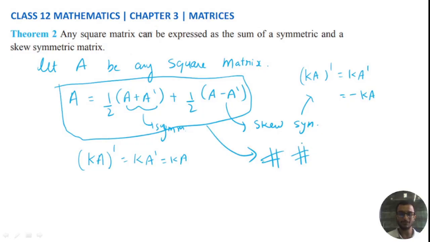I am telling you, there will be one question on this property, where you need to find the symmetric part and skew symmetric part of any square matrix. So you should remember this. We will do questions related to this, but the proof is like this. You should not go so deep into the proof. It will not be asked in your exams, but still you should see it. If your luck is not good, they can ask it.